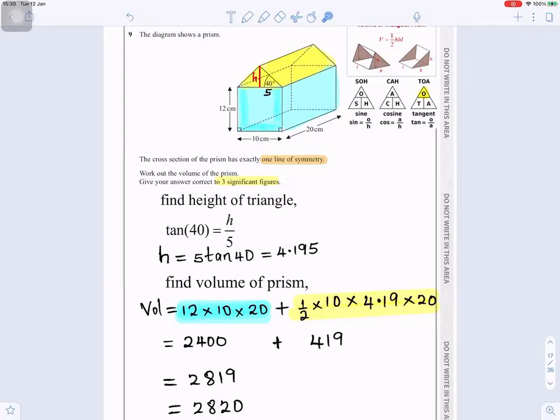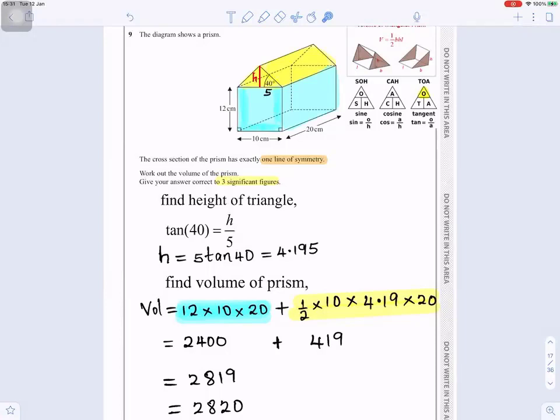Now to find the height, h, which is the opposite, using this trigonometry formula, you cover the opposite: it is tangent of the angle times the adjacent. So tangent of 40 times 5, the adjacent, gives you the height, and that gives you 4.195 as the height of that triangle.